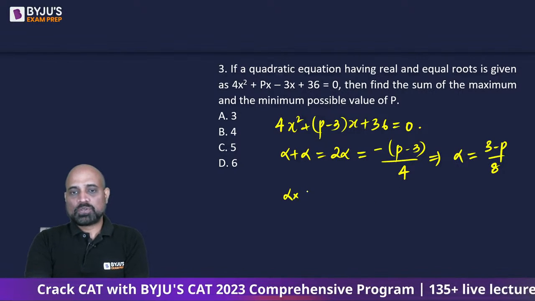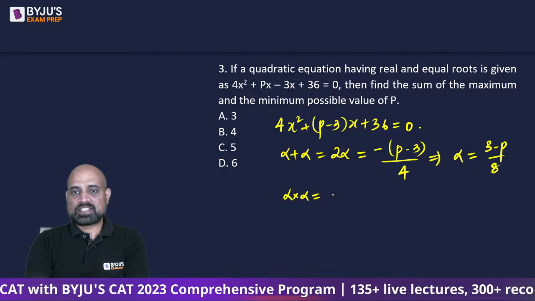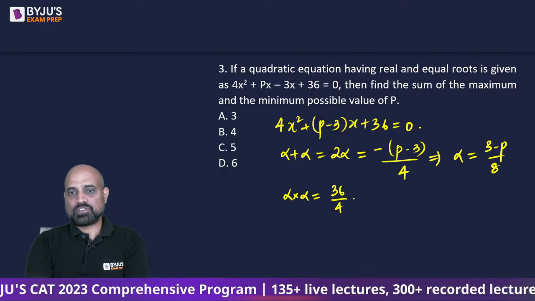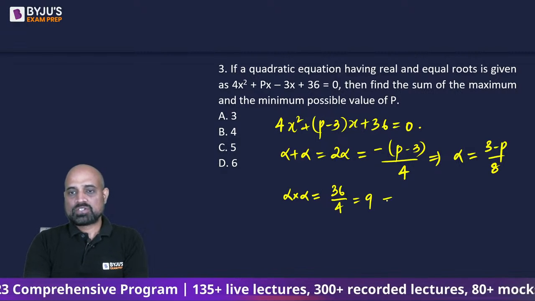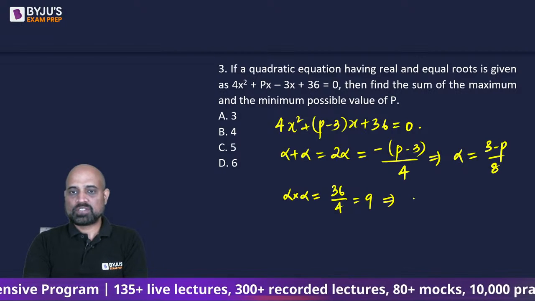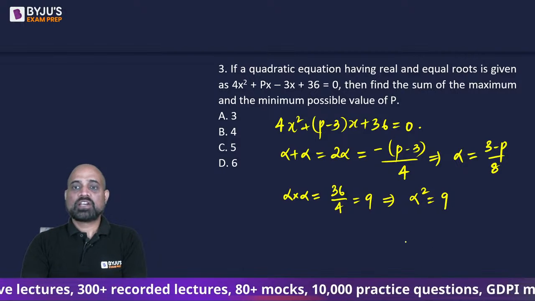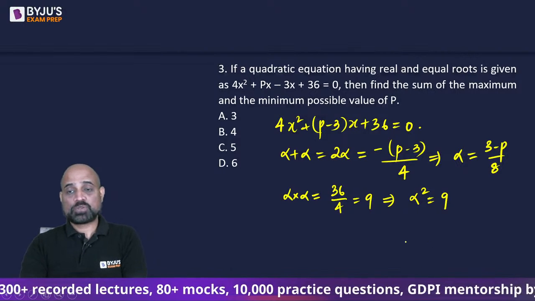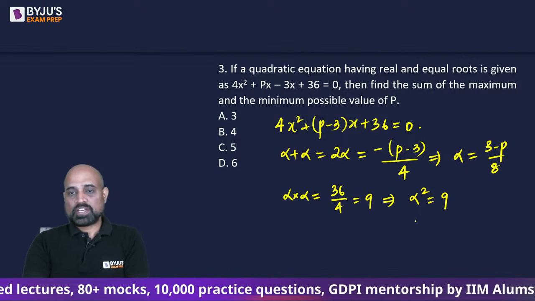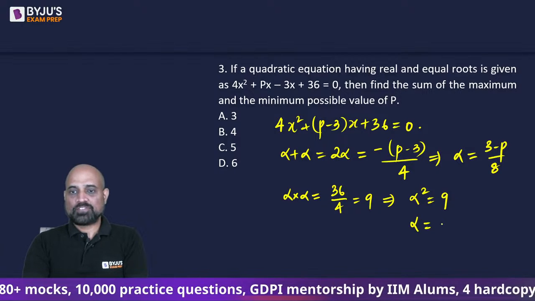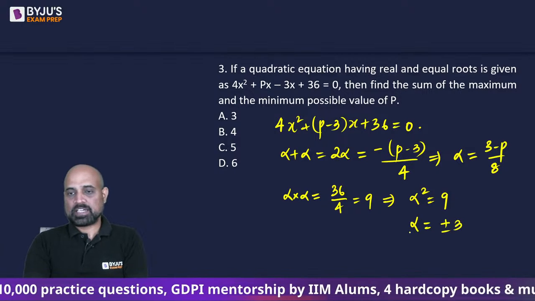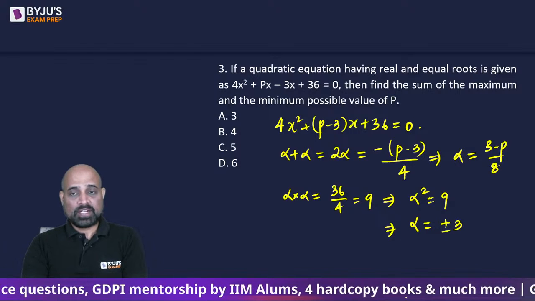Also, product of the roots alpha into alpha is given as c upon a, which is going to give us 9. So this will give us alpha square is equal to 9. Now alpha is given and alpha square is given. So what we can do is get the value of alpha from here as plus minus 3, right?